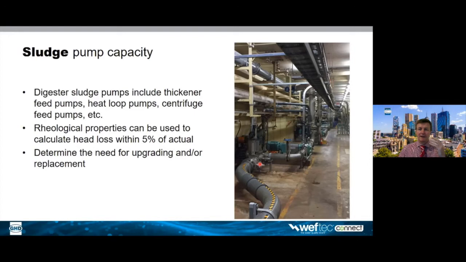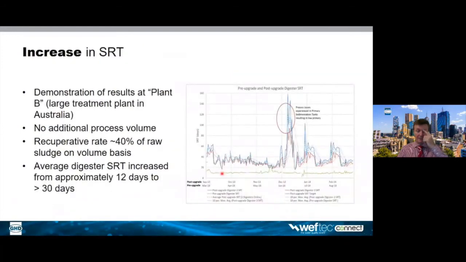So that indicates the power of making sure that the properties of the sludge that will actually be handled are well understood. Finally, briefly, just touching on some performance outcomes.